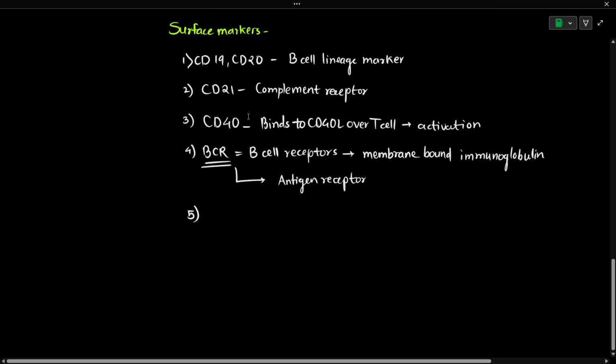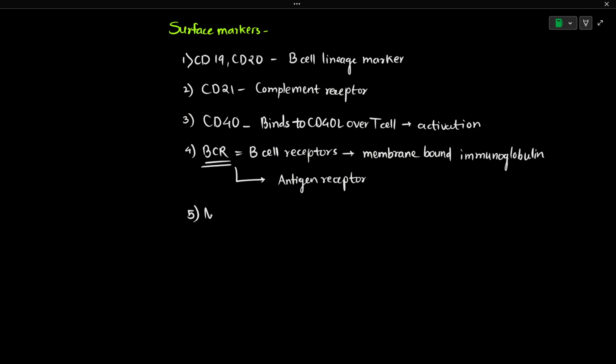Beside those surface markers, there are the MHC class 2 molecules present over the B cells, because B cells are one of the antigen presenting cells, and we have discussed that the antigen presenting cells have MHC class 2 molecules. MHC class 1 molecules are there on all types of cells of an individual except the ones which lack a nucleus.